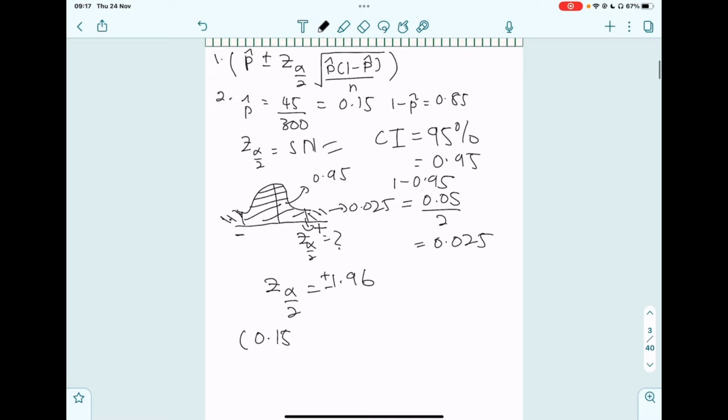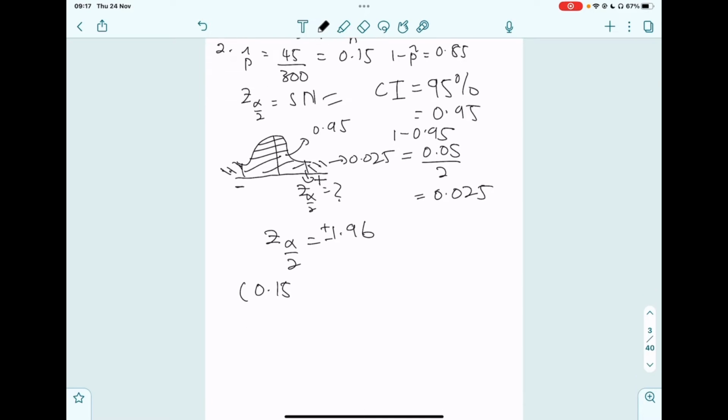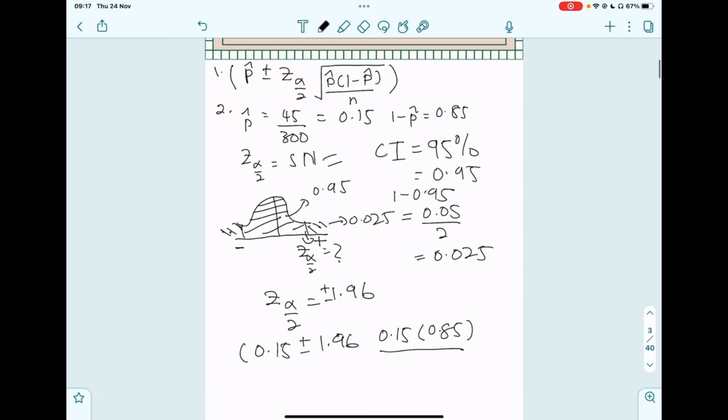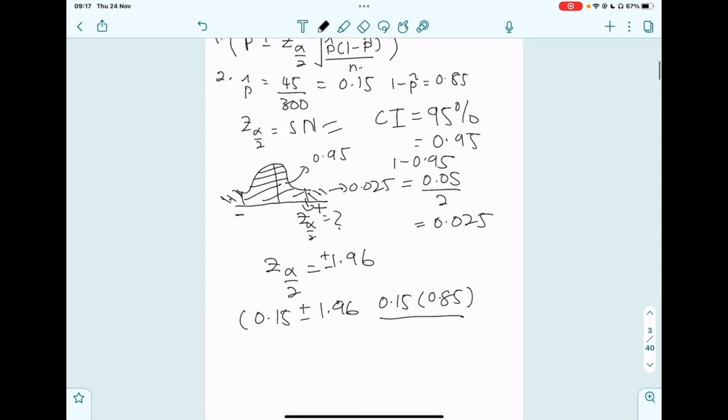It's going to be plus minus 1.96 times the square root of 0.15 times 1 minus 0.15, which is 0.85, divided by n. N is 300, and don't forget to take the square root of the whole expression.